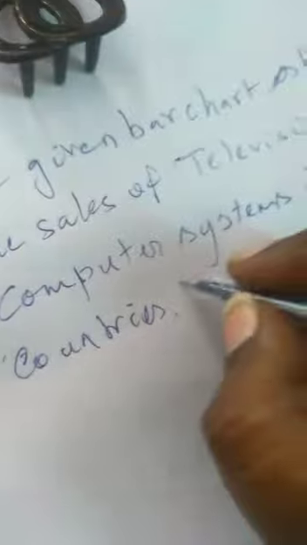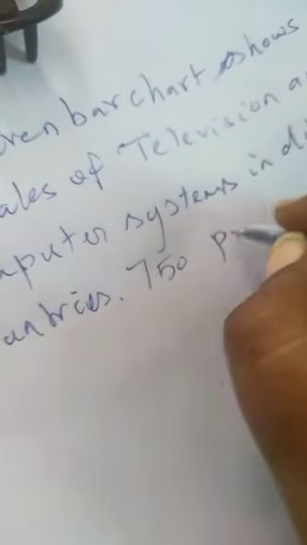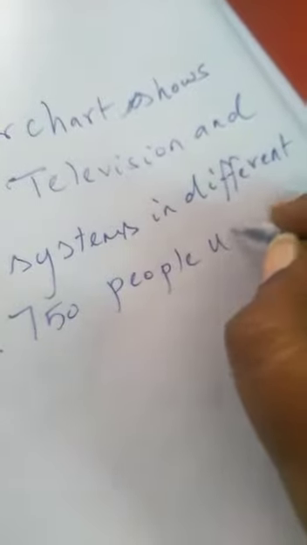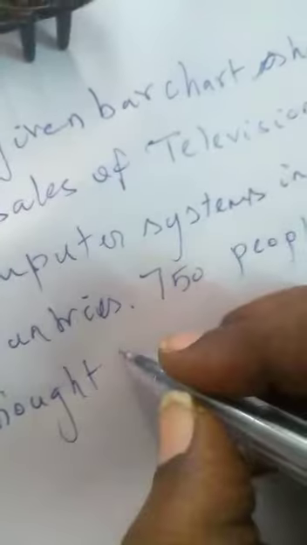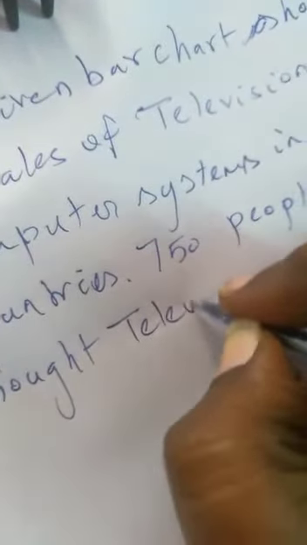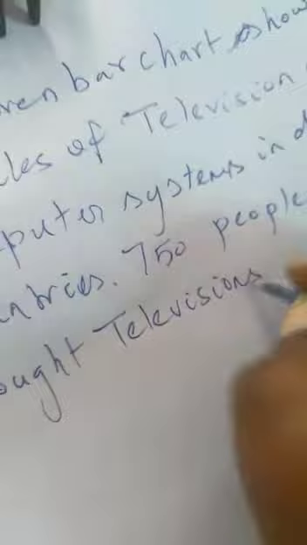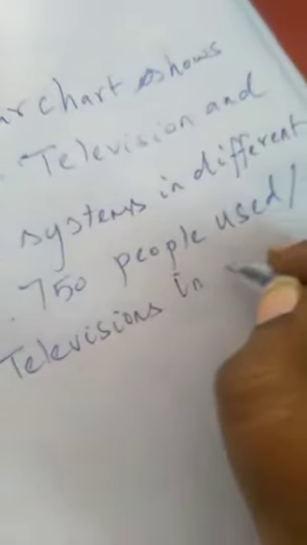First one you can take US. So 750 people used, or you can write bought, television in USA. And then you can write 580 for computers.